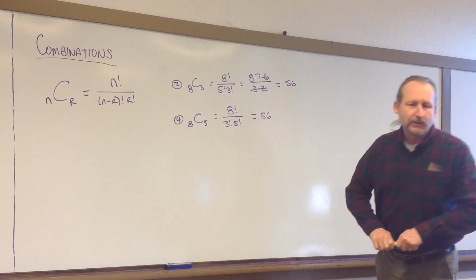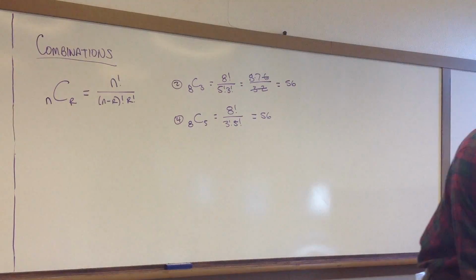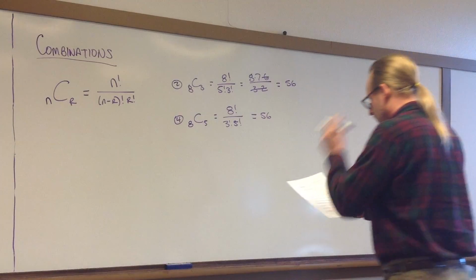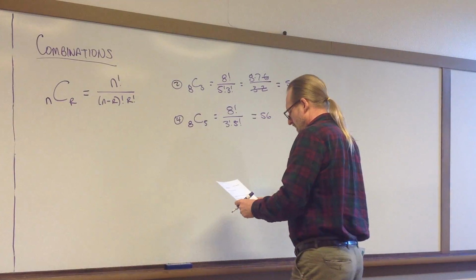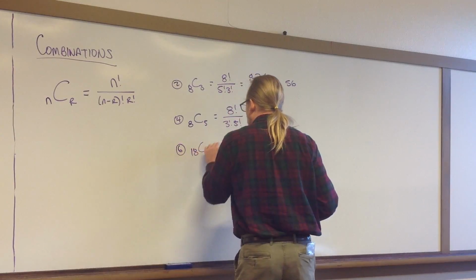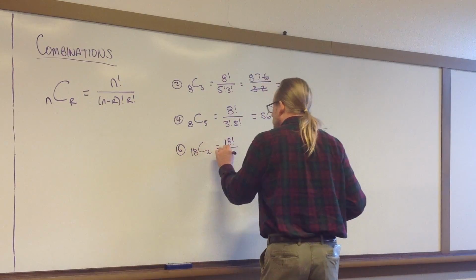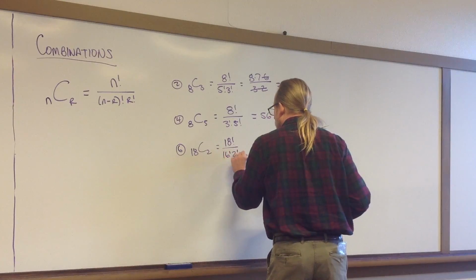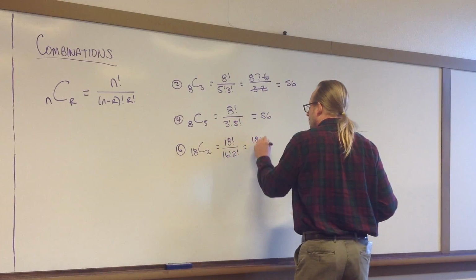Okay, let's look at a couple more of these calculation problems, and then we'll move in to the word problems. So let's see here. Problem 6 is 18C2. So let's see, we're going to get 18 factorial, 16 factorial, and 2 factorial.